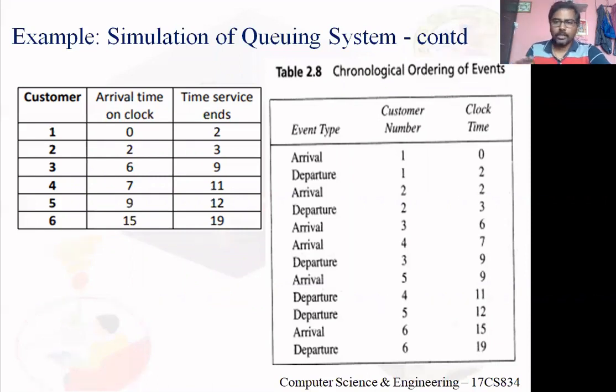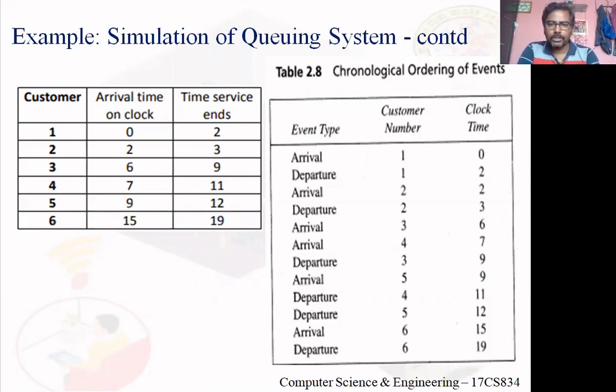For example, look here, there are 2 events. Listen cautiously. The first event that is going to occur is what? It's an arrival, right? At time 0, the first arrival occurs. So the first event is an arrival event. Look in the second table, the first column and the third column. The first event is arrival at time 0. Similarly, the next event occurs at time 2, that is departure of customer 1, right?